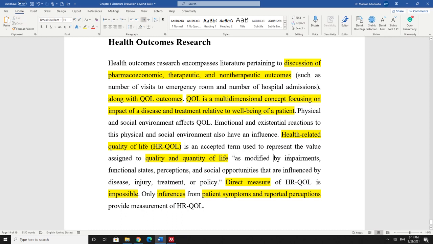Quality can be modified by impairments. Maybe you cannot walk, or your hands keep shivering, so you cannot hold things. Functional state: can you function normally or not? Perception, social opportunities, these are related to quality and quantity of life.